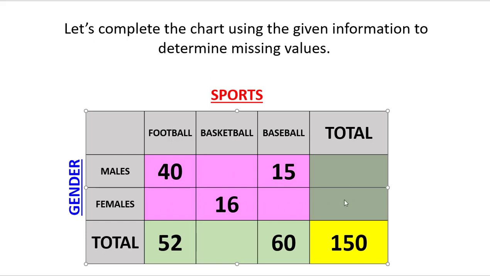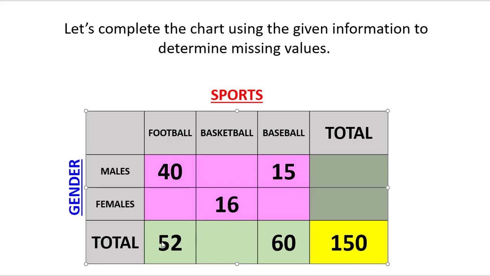This row is missing quite a few values, and this row is actually only missing one. So there's a way that we can figure out what number goes here, because we know that 52 plus some number plus 60 has to be 150.